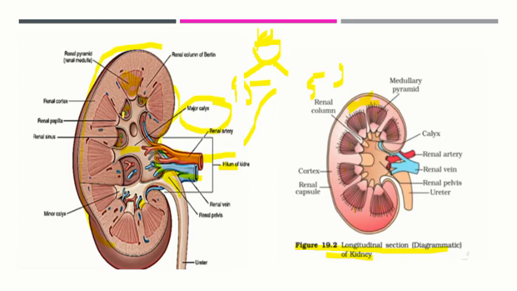This is called the calyces, and the calyces drop all the unwanted material here. This is called the major calyx, and ultimately the major calyx opens into this structure. See this structure, this is called the ureter. In this way all the unwanted material goes to the ureter, and thereafter it is stored in the urinary bladder.